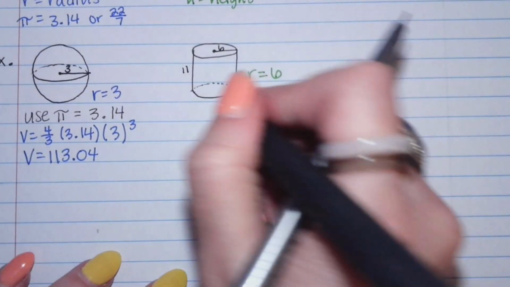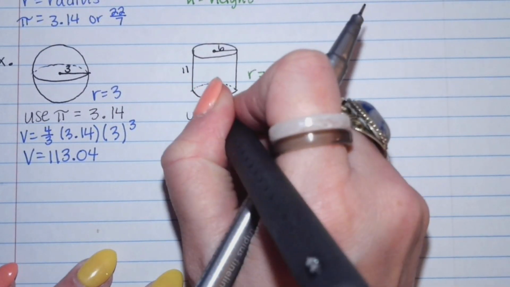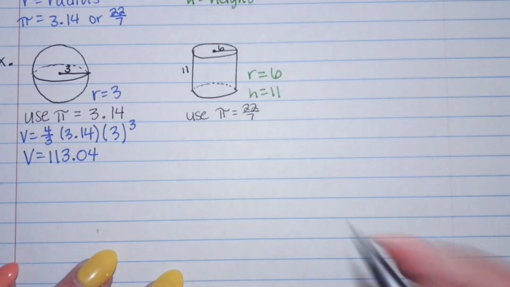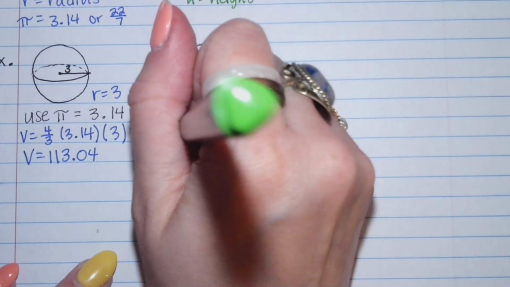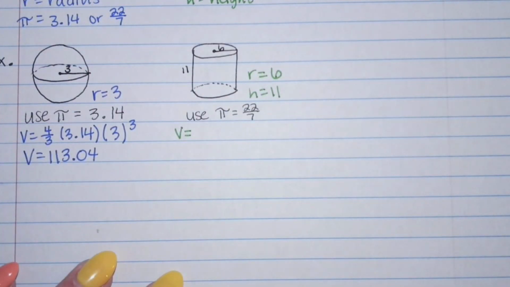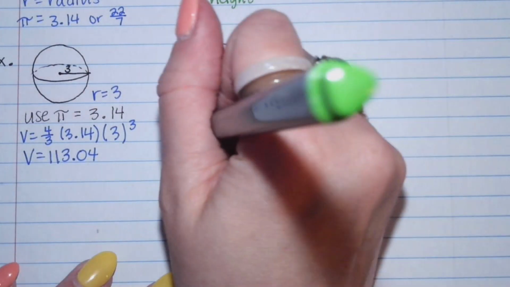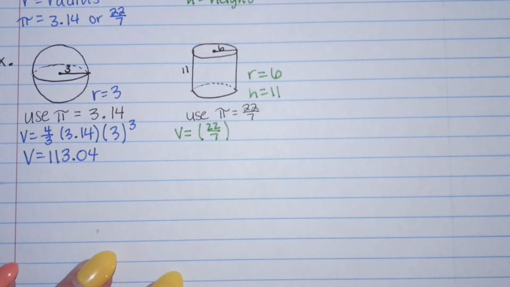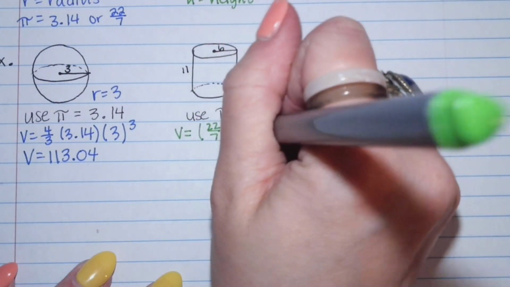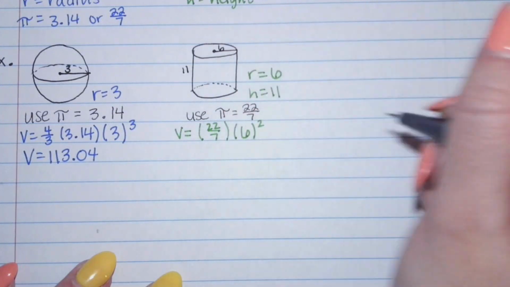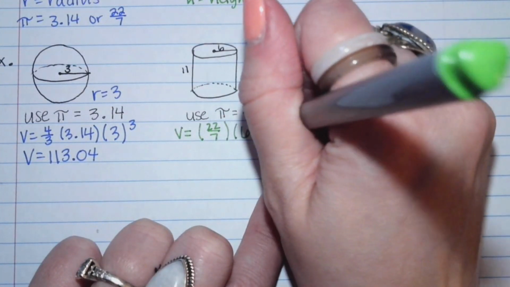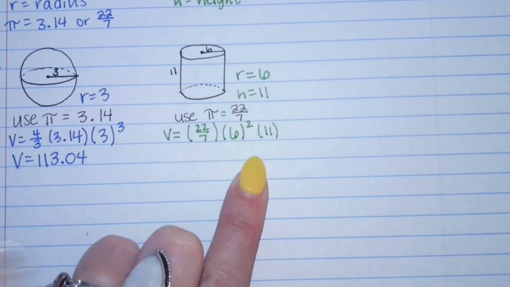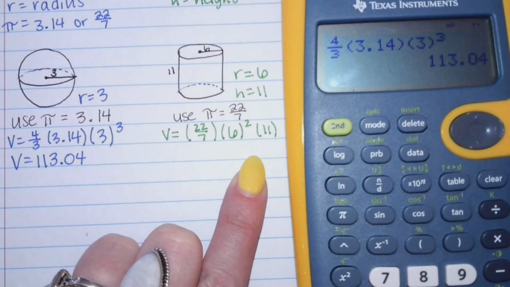But before we do, we want to use 22 over 7 for pi, so you can see what that looks like. So let's go ahead and do our substitution step. V equals, substitute 22 over 7 for pi. The radius is 6, and that is squared, and the height is 11. And again, I'm going to put this into my calculator exactly like this.